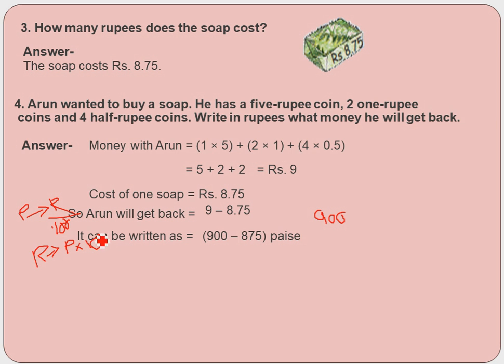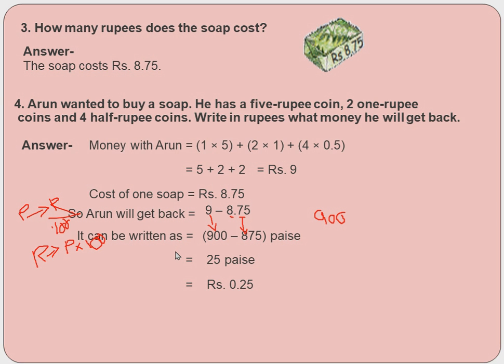Okay, always remember this. So first I converted everything into paisa. 9 rupee means 900 paisa, because here rupees is also there, paisa is also there. That's why we converted, and this will become 875 paisa. So 900 minus 875 is 25 paisa. So in rupees, how will we write it, as we just learnt, 0.25.